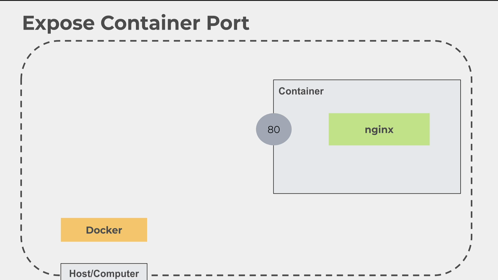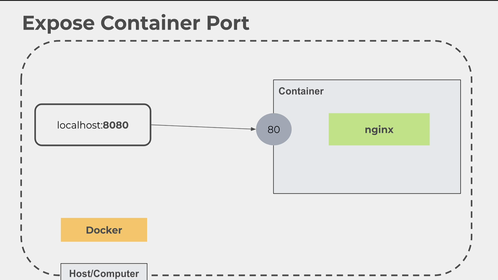For us to be able to access our NGINX and whatever it has to provide, we need to go to localhost 8080, for instance. But for that to happen, we need to map our port 8080 to the container's port 80 so that we have access to our container and whatever it has to offer. So this mapping has to happen for this to work.